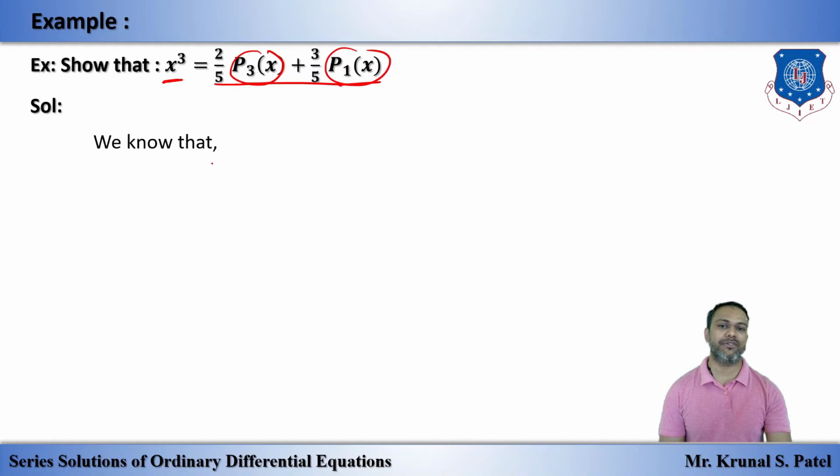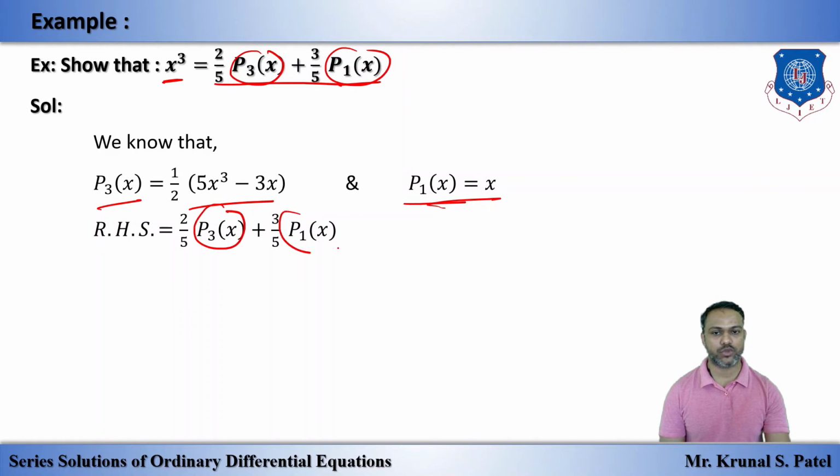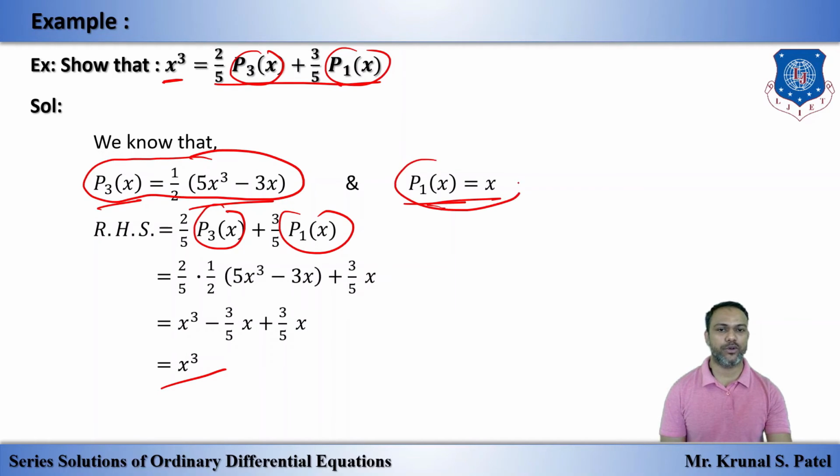First we'll write down the value of P3 of x and P1 of x, that we already know, and then we will write down the RHS and put the value of this 2, and expanding we have the final left hand side. Simple. For that, I told you we have to remember the values of P0 of x, P1 of x, P2 of x, P3 of x, P4, P5, P6, and so on.